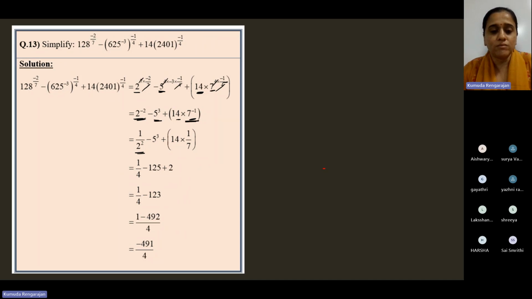So 1 by 4 minus 5 cube, which is 125, plus 2. Minus 125 plus 2 is minus 123. 1 by 4 minus 123. Take the common denominator 4, and the answer is minus 491 by 4.